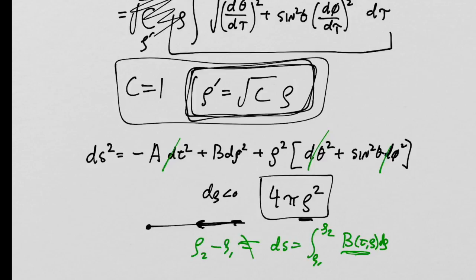That radial distance between two radii, measured through the true actual length determined by the metric, right? The metric tells us how far apart things are. It's not equal to simply the distance between the two radial coordinates anymore.